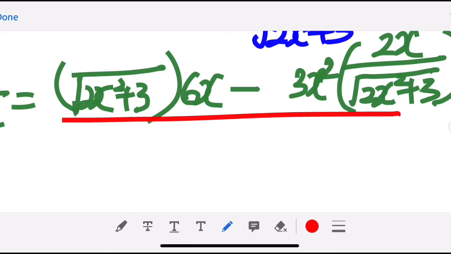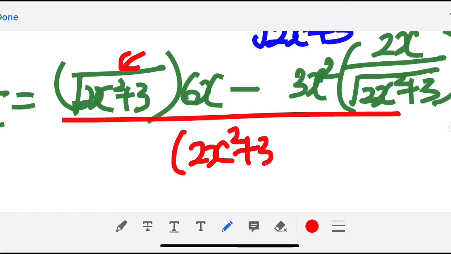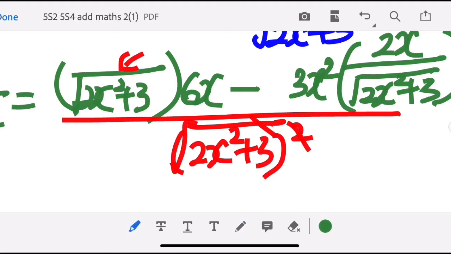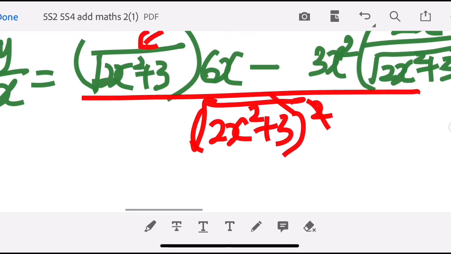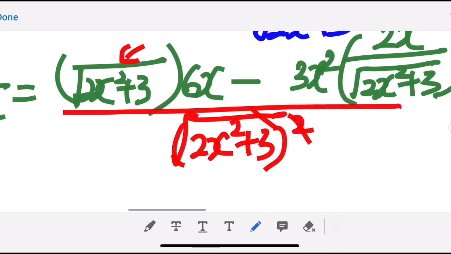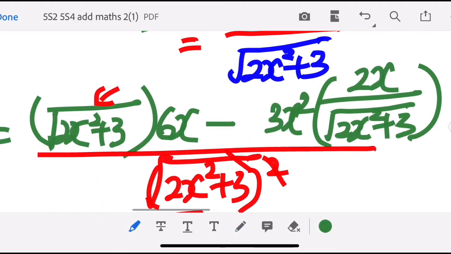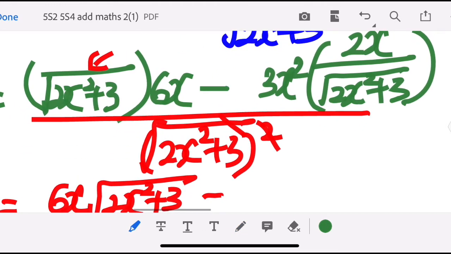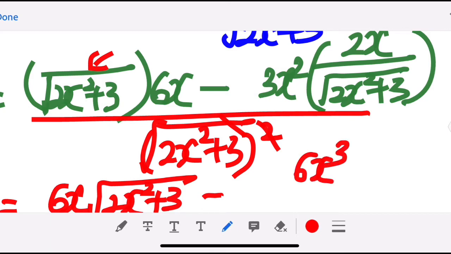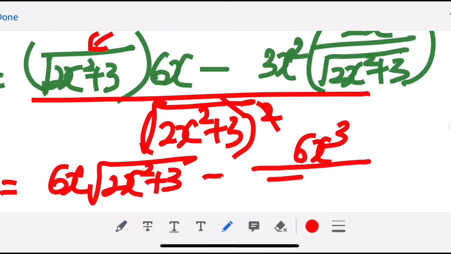Okay, this is v, right? So we will have 2x squared plus 3, which is actually a square root. So when we square, this square root will be cancelled out. So we will have just 2x squared plus 3 down there. So let's focus on the numerator. So we have 6x square root of 2x squared plus 3 minus 3x squared times 2x, we have 6x cubed over 2x squared plus 3.